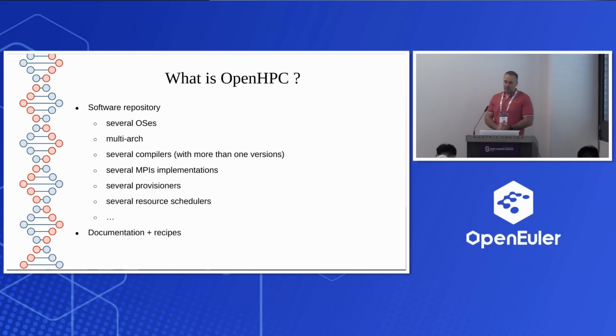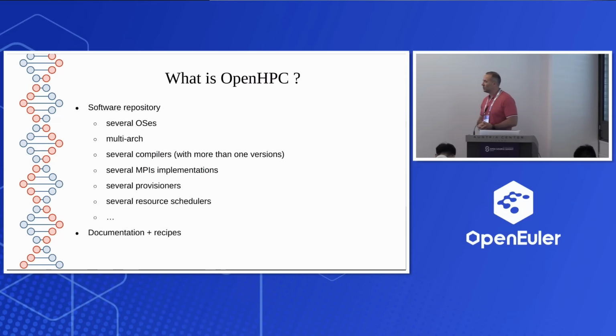What is OpenHPC? The project is a software repository that provides HPC-related software packaged for 3 different operating systems. Those packages are for 2 different CPU architectures. It provides several compiler families, some of them with more than 1 version, and several MPI implementation.